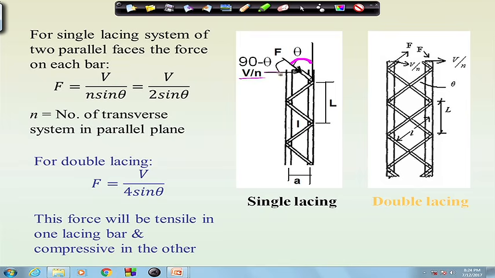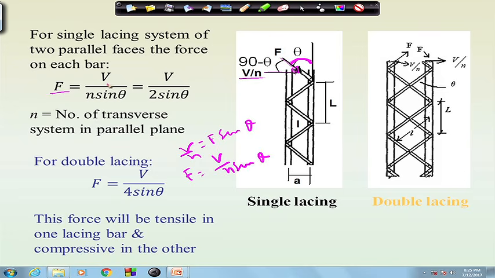If this is V by N, and the force acting on the lacing is F, then we can find that V is equal to F, this will be F cos theta and this will be F sin theta. That means F will become V by N sin theta, right.